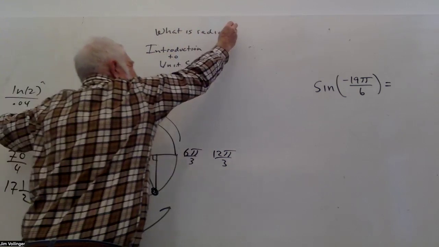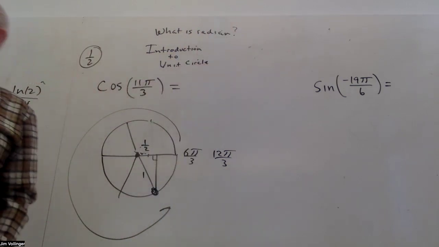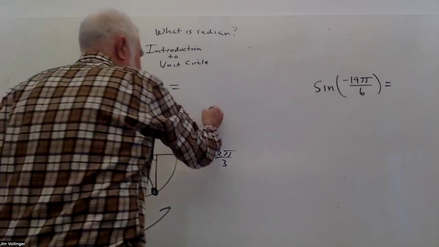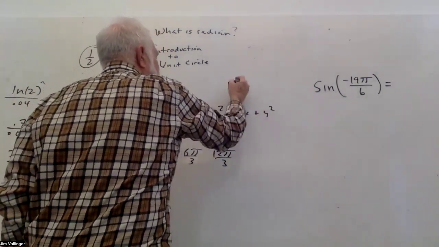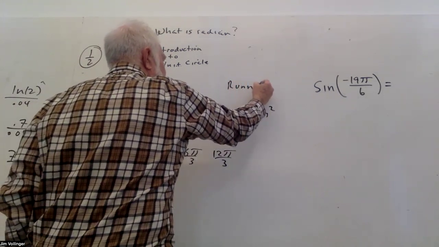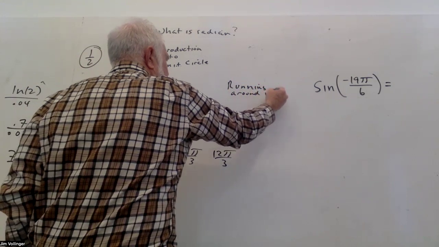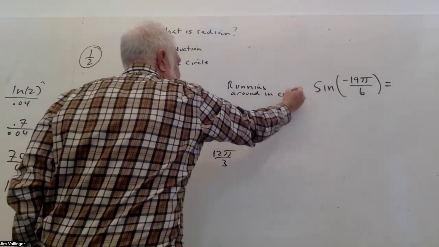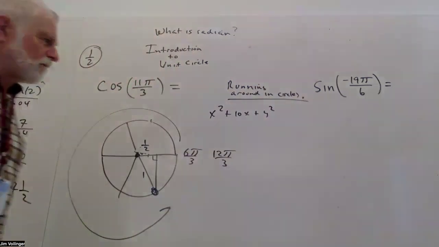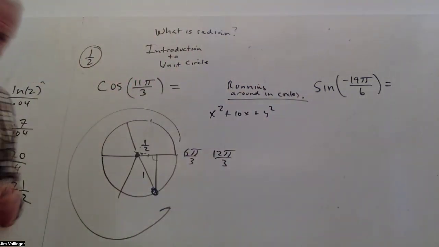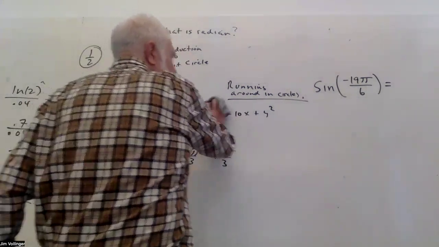Okay, can I get a question mark there? And I forgot to mention that the circle problem that we did before, the x squared plus 10x plus y squared, right? There's a lecture on that, running around in circles. All right. And you don't have to look at my stuff, but, you know, I did a little spoof on that one. I got a little bored, I think, and I got a little silly. I had fun with it, though.